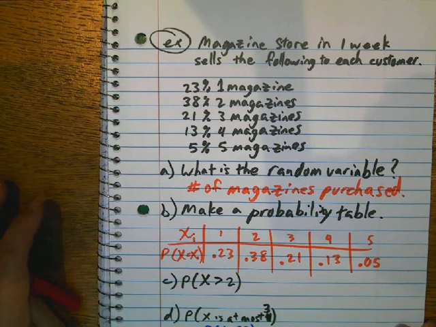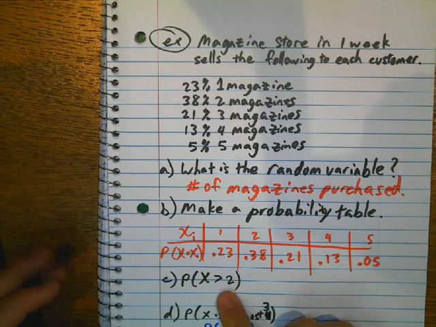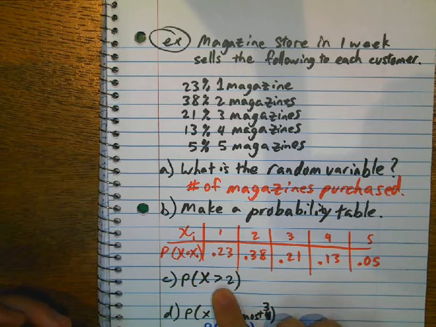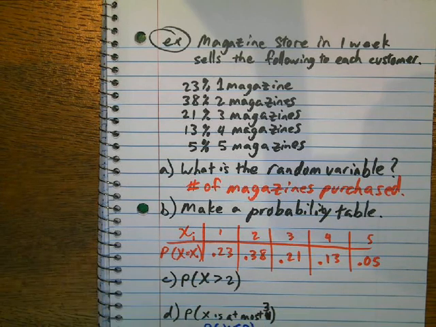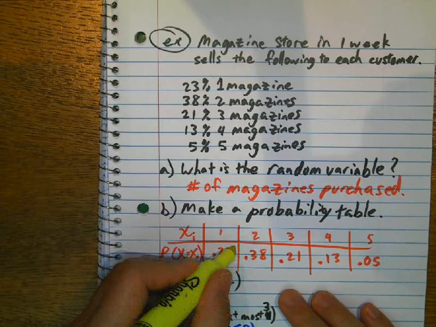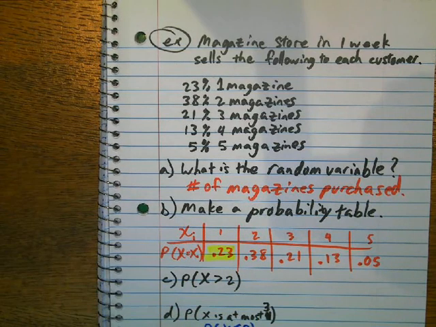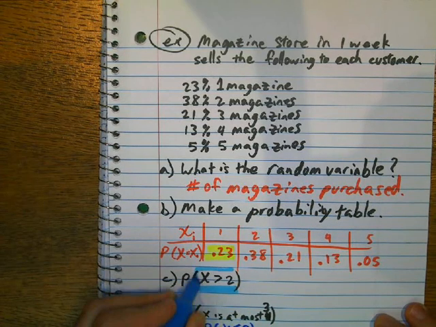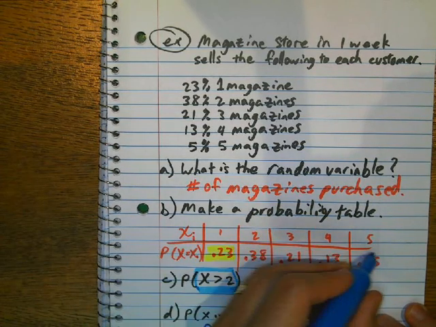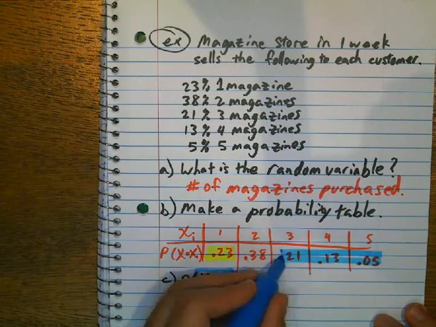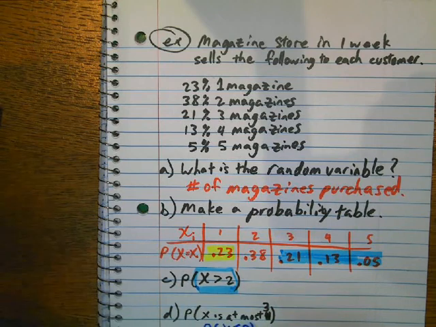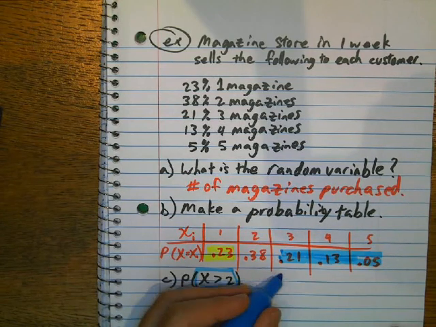So these are all the probabilities, and all of these have to add up to 1. Okay, so let's look at this question. What is the probability that we're going to get greater than 2? Well, greater than 2 means these 3, right? 3 is greater than 2, 4 is greater than 2, 5 is greater than 2. So we need to add all those together.